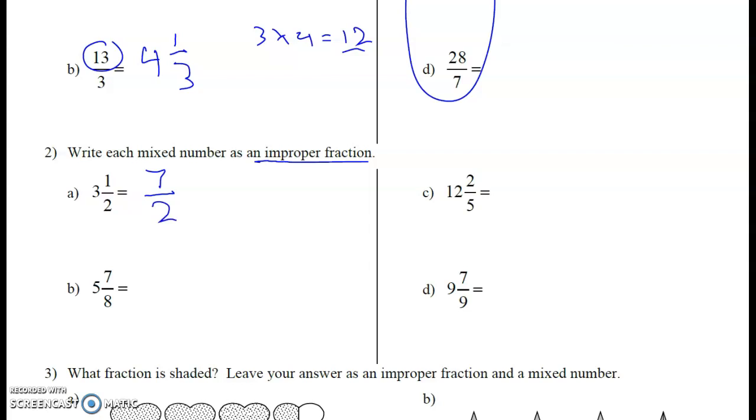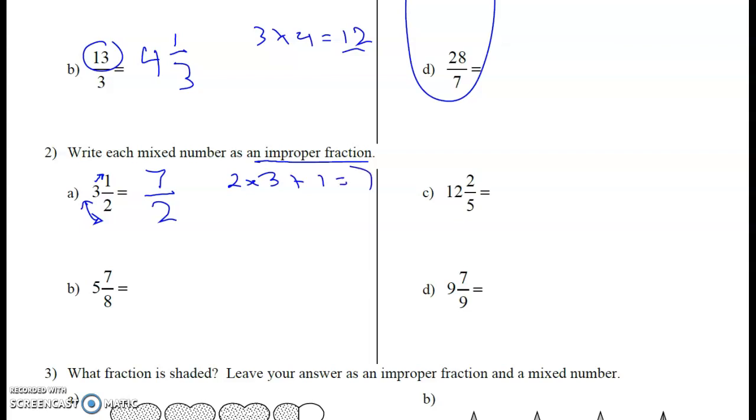Now, a little mathematical algorithm to get there is to find what this value on the numerator is. All you do is multiply these two numbers and then add that one on at the end. So to get that numerator of 7, what I actually did was go 2 times 3 plus 1, and that gives me a grand total of 7.